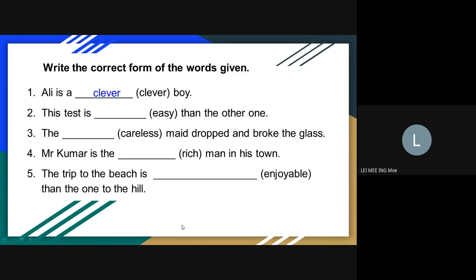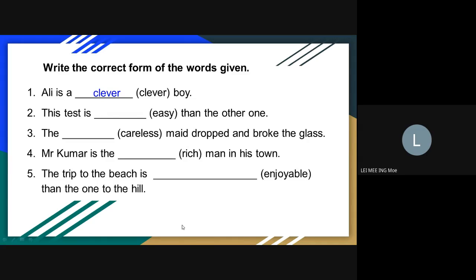Question number 2. This test is than the other one. So what is your answer for question number 2? Can you please type down your answer now in a few seconds? All right, I can see your answer now.